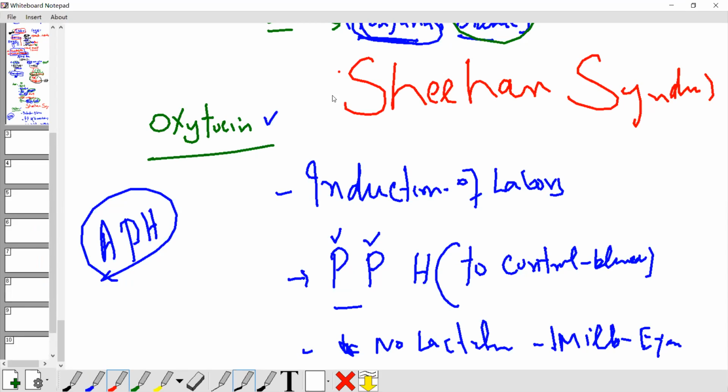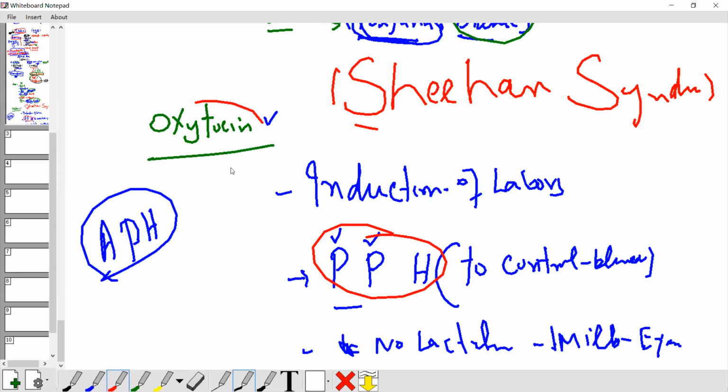Pituitary size increases, and if the mother has PPH, postpartum hemorrhage, the blood supply to the pituitary gland decreases and there is ischemic necrosis of the pituitary gland. How do we know the mother has this syndrome? The mother fails to lactate, because no prolactin, no oxytocin. If she fails to lactate, we can use oxytocin.